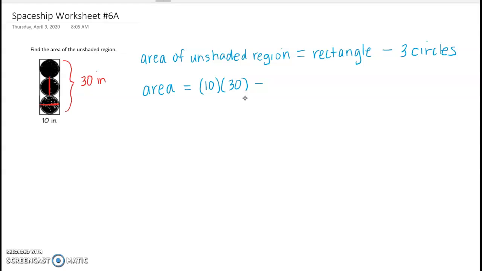And then for a circle, the area of a circle is pi times the radius squared. But up here we have that the diameter is equal to 10 inches, so then the radius is going to be equal to 5 inches. So I think I'm going to have 3 sets of pi times the radius, which is 5 squared.